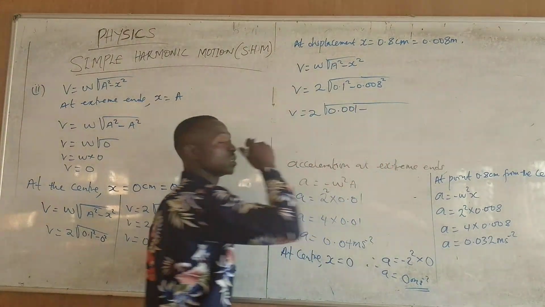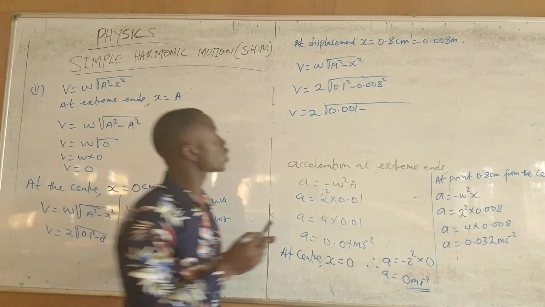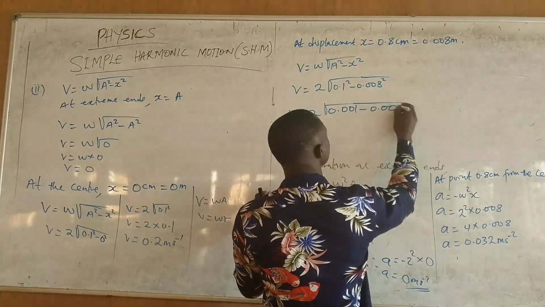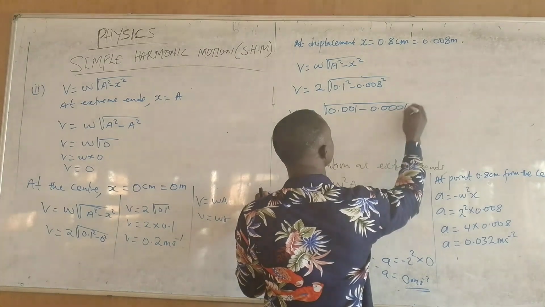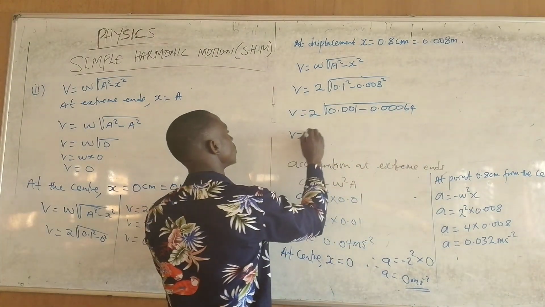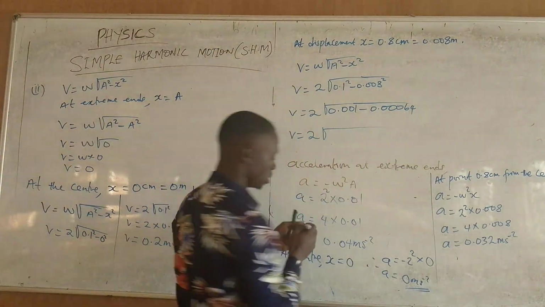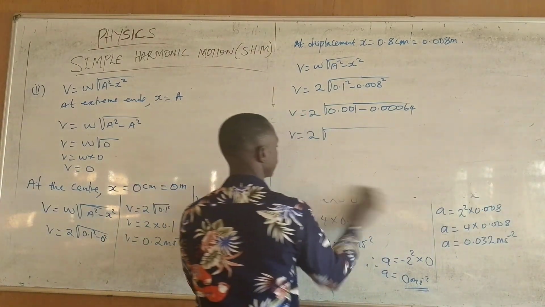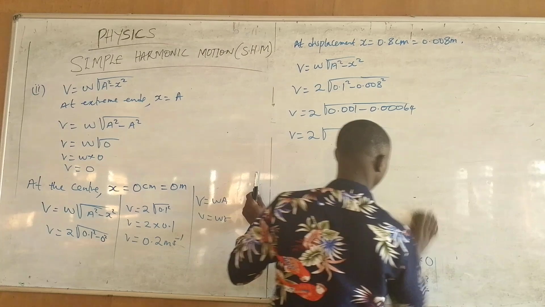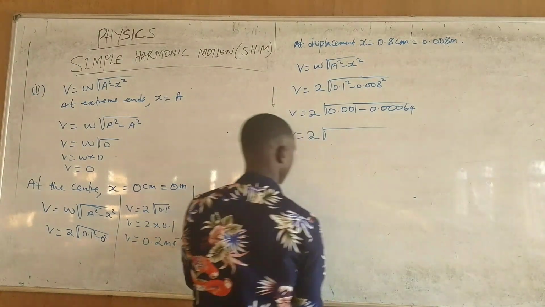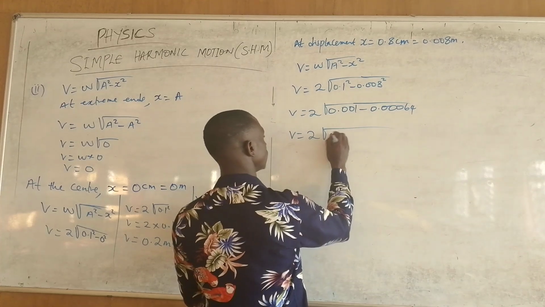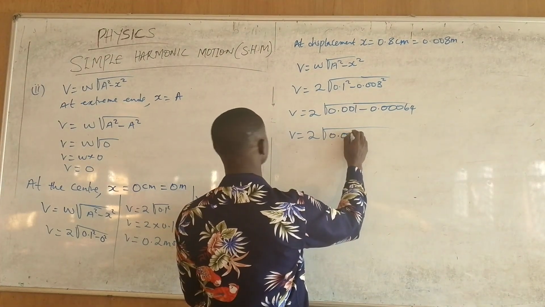Then 0.008 squared is 0.000064. If you subtract this, what do we have? 0.009936.